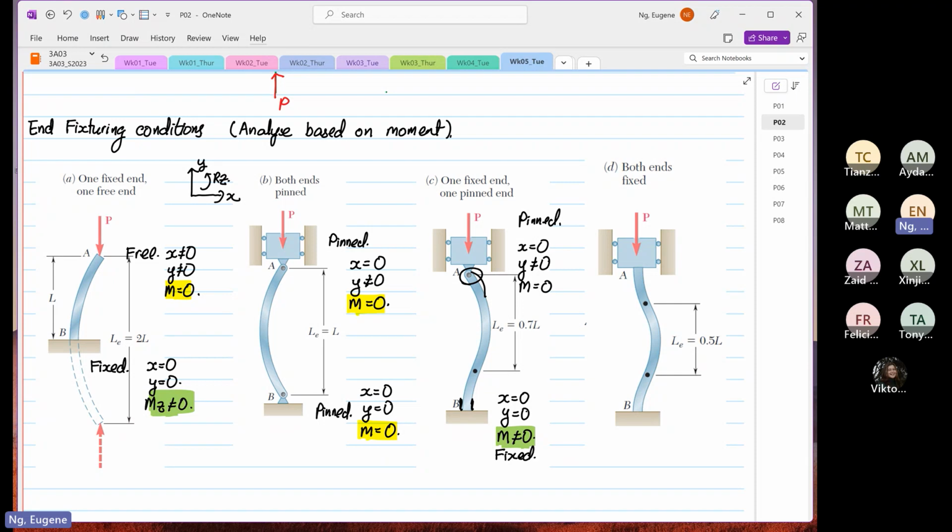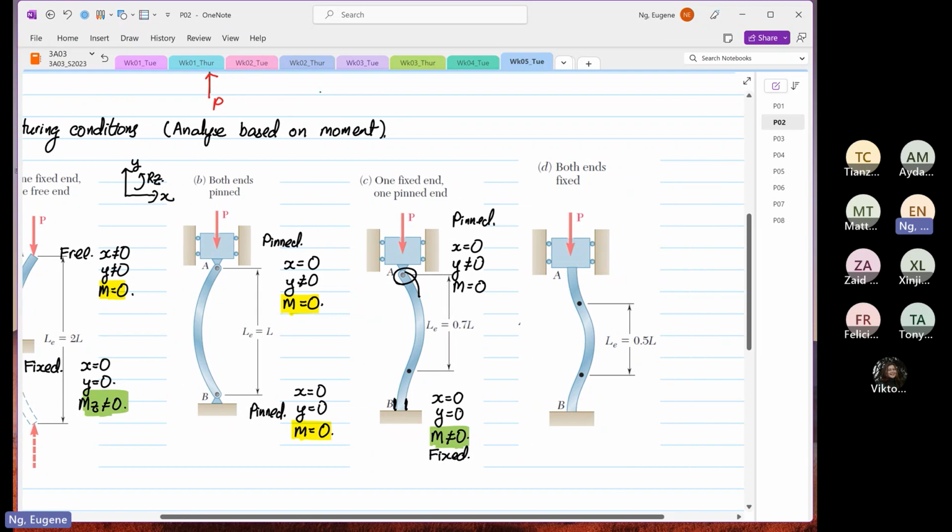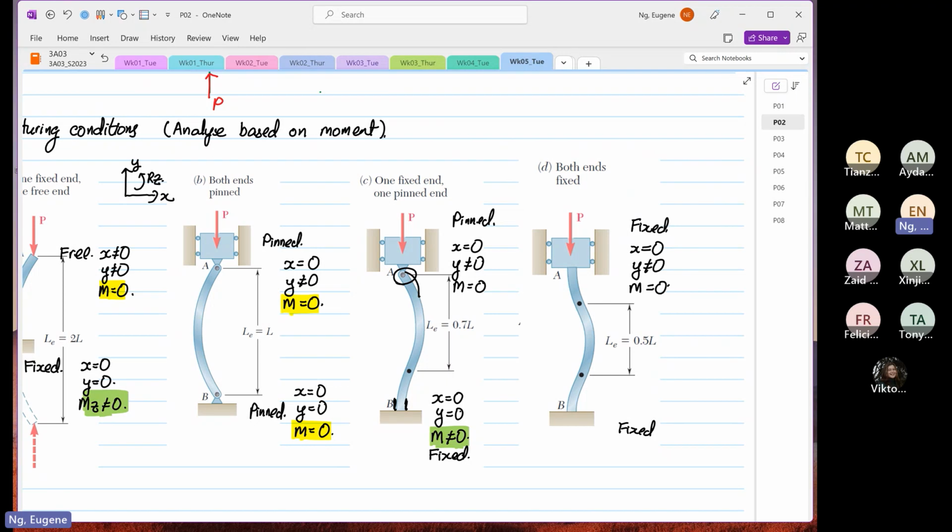And in the last situation over here, you will see that both ends are fixed. Now this is where things get interesting. So this end is fixed. Why is it called fixed at both ends? Because over here x is equal to 0, but y is not equal to 0, you can see it go up and down. However, moment is equal to 0.